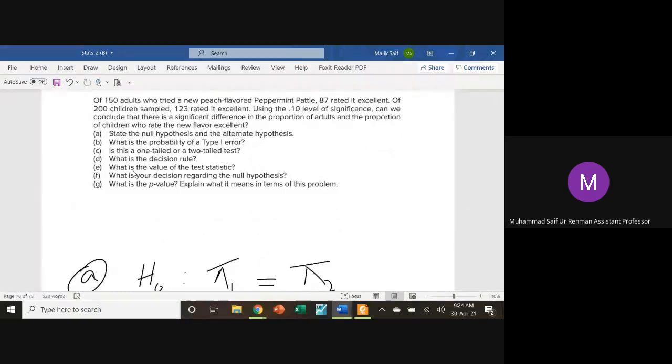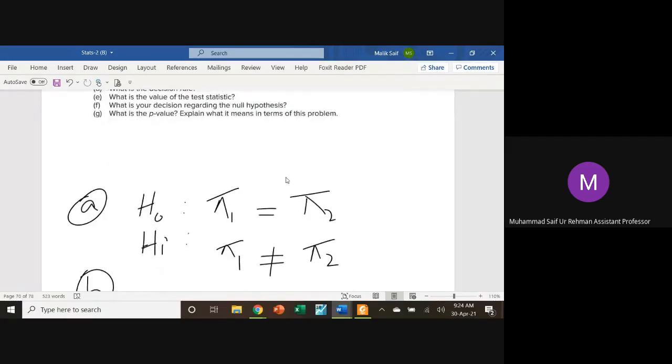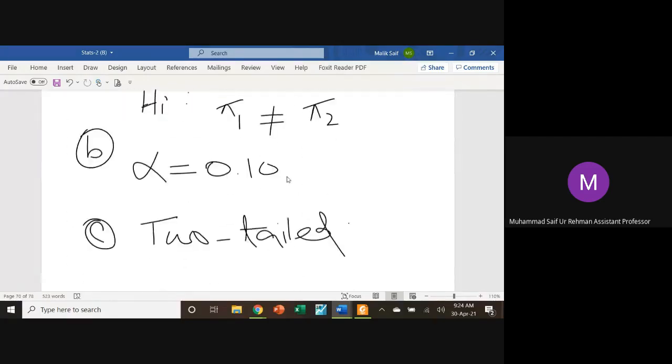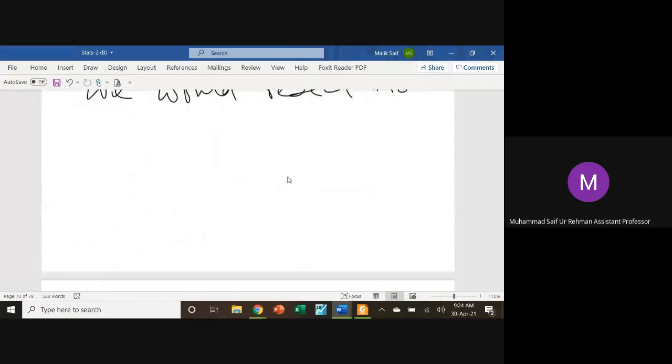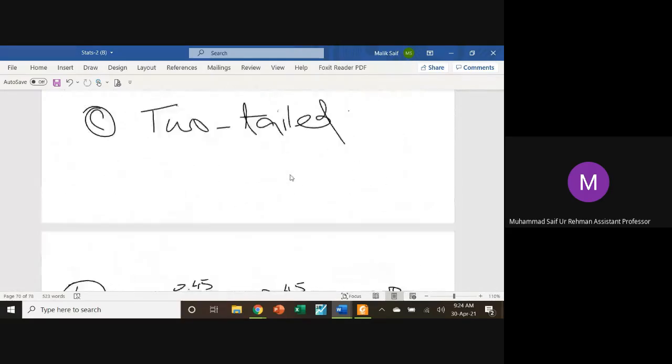Okay, what is the value of the test statistic? So you have to find this value using the formula.